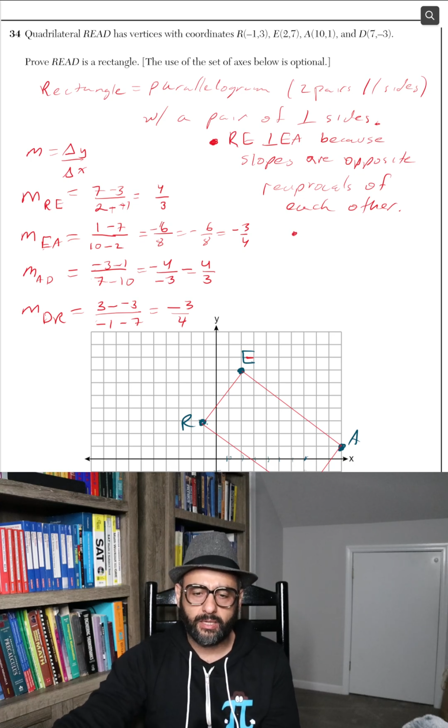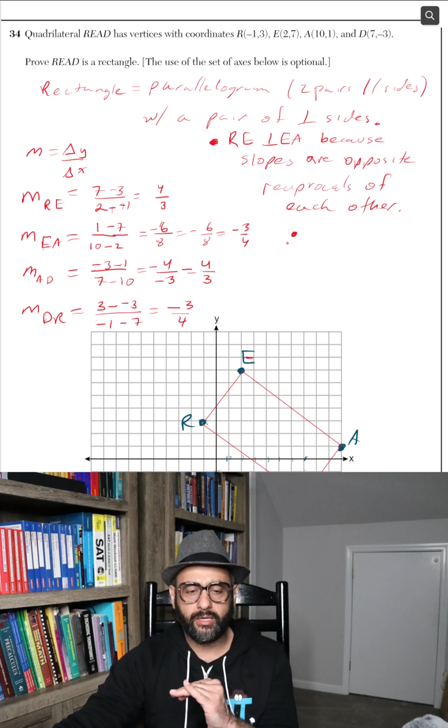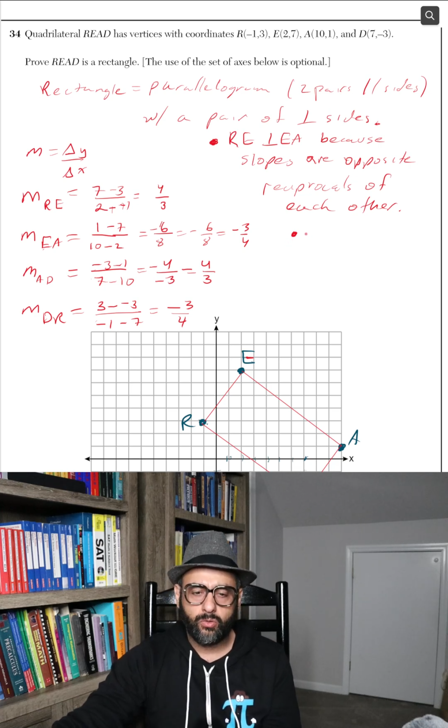Now I have to show that they have two pairs of parallel sides. Notice that the slopes of RE and AD are equal. So RE is parallel to AD because the slope of RE is equal to the slope of AD.